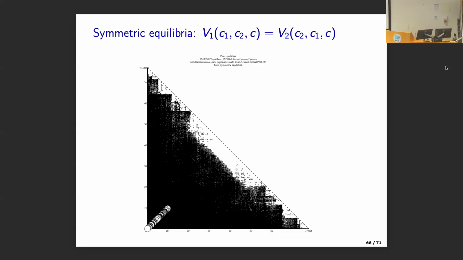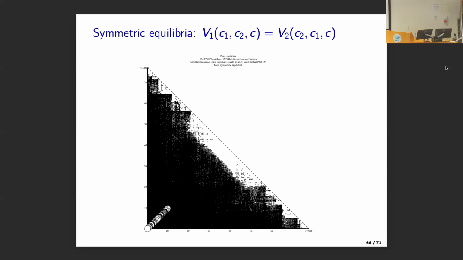Because we solve for everything, we can just check what are the equilibria where this condition holds for every point of the state space. So if we restrict ourselves to only these symmetric solutions, they're highlighted here. These large points on the diagonal are the only equilibria that satisfy symmetry over the whole state space.